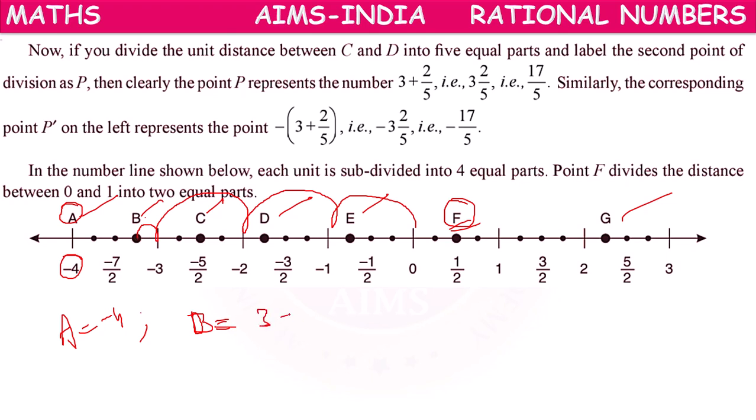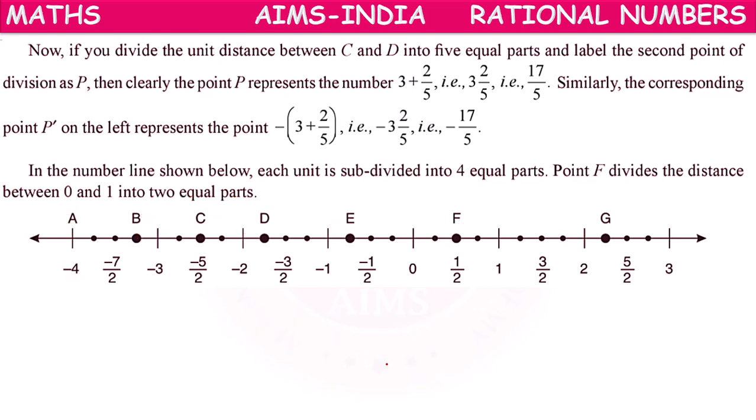So after doing 3 jumps, 1 by 4th part on the left side, that is minus of 3 plus 1 by 4, or minus 3 1 by 4, or 4 3s are 12 plus 1, 13 by 4, minus 13 by 4. That is B value.